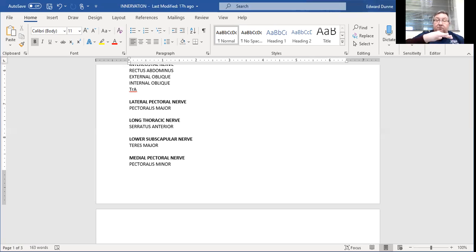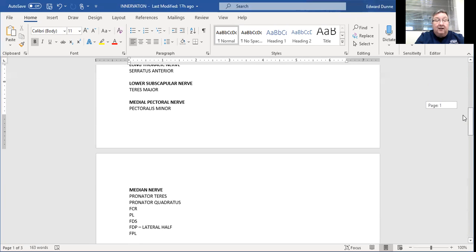Teres major, which is below the teres minor, is innervated by the lower subscapular nerve. And I just spoke about the medial pectoral nerve that innervates pectoralis minor.